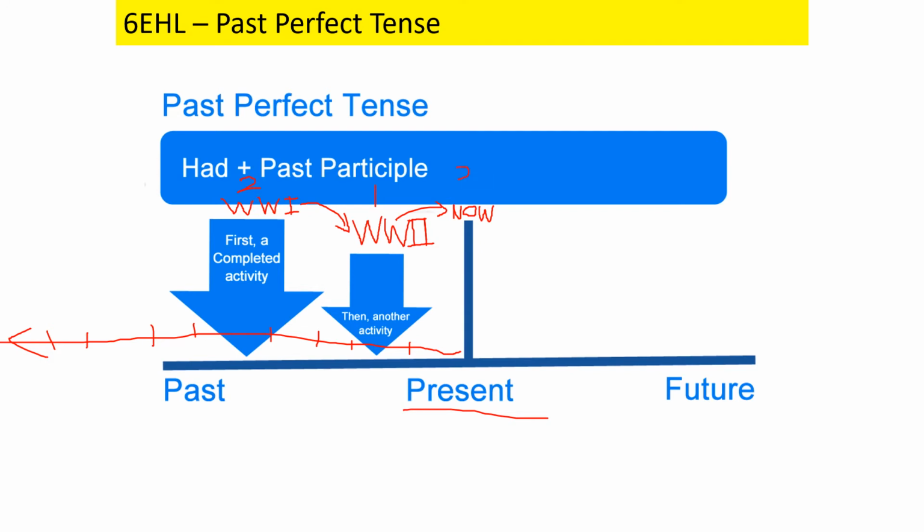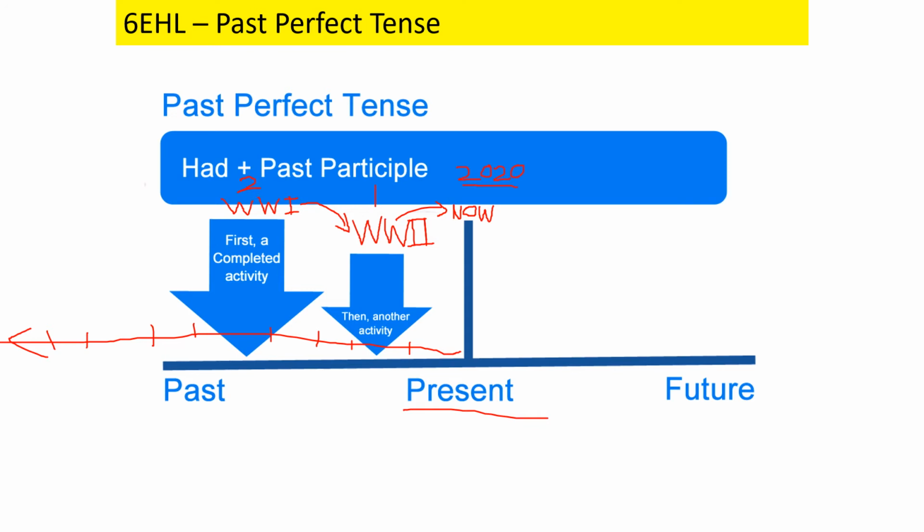So you're saying it in 2020, or whatever year it is when you're watching this video. And this is when you're saying it. I'm saying this now. And let's say I'm a history teacher and I say World War I had already finished by the time World War II started.